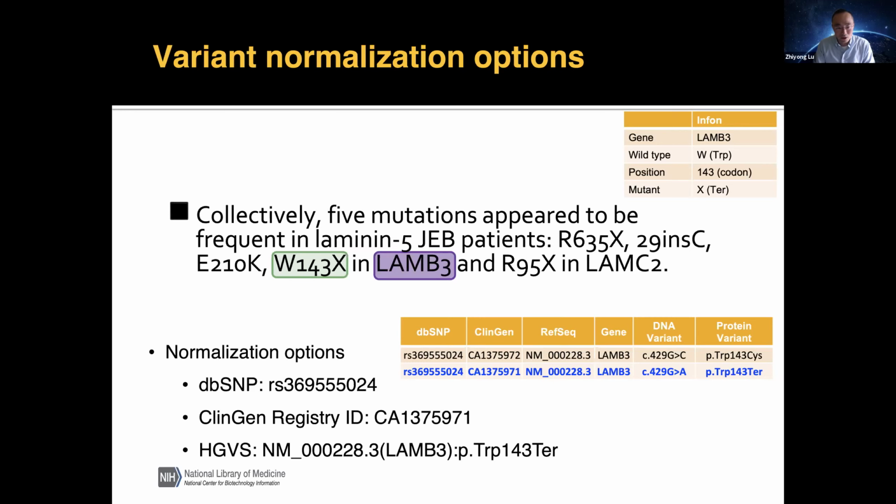This is still ongoing work, but we think that in addition to RSIDs, we will be able to map to CA numbers as well. And of course, we would always be able to display the normalized HGVS format as well. So these could be 3 different options to the users for how you would like to search. You can either search just by variant name, or you can search by CA number, or you can search by RSIDs.